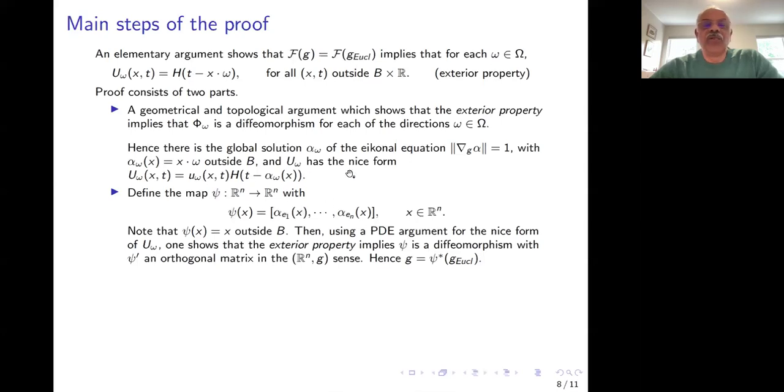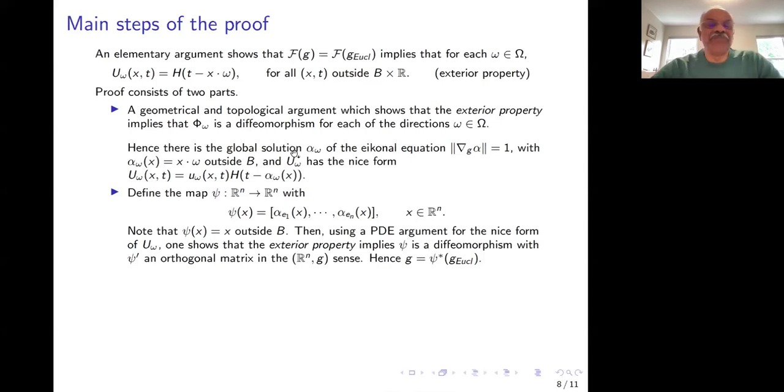Okay, and we know these global solutions exist from the first argument in the first part, a geometrical and topological argument, that if U omega is equal to the Heaviside h(t minus x dot omega) outside the cylinder, then phi omega is a diffeomorphism. So this is sort of, for us, or at least for me, this was unusual. I've never used geometry and topology in a PDE inverse problem proof before.